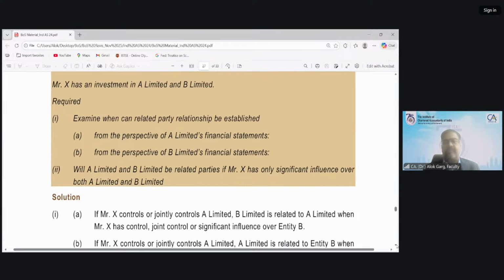So Mr. X is a person, and Mr. X has invested in both companies. Tell me when A and B will become related parties.